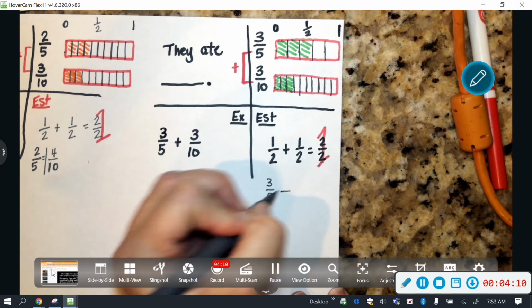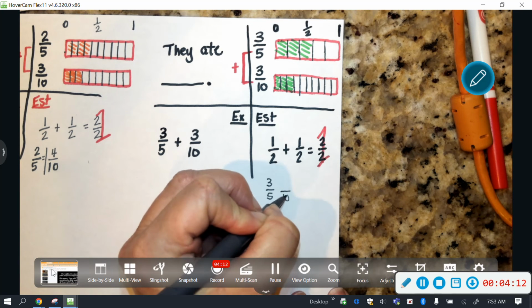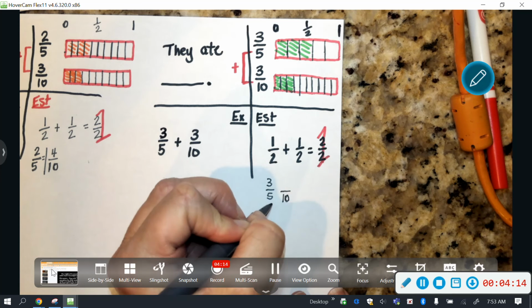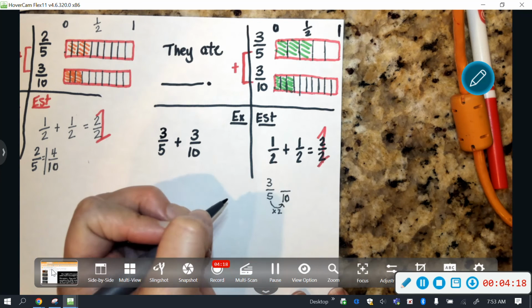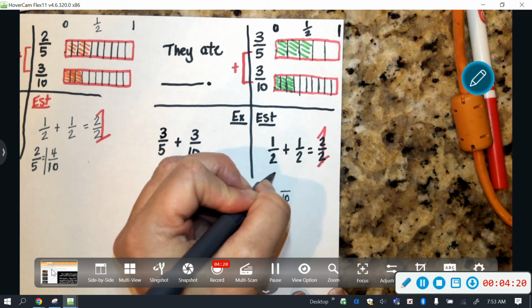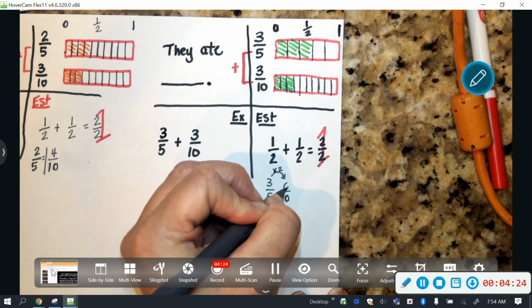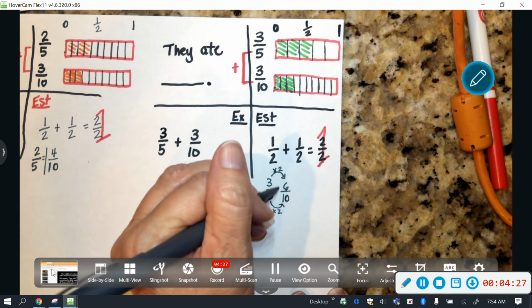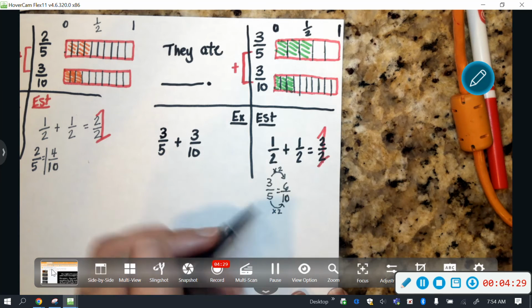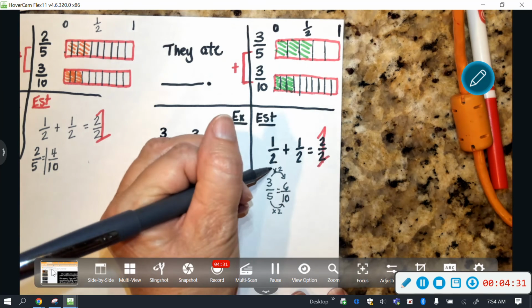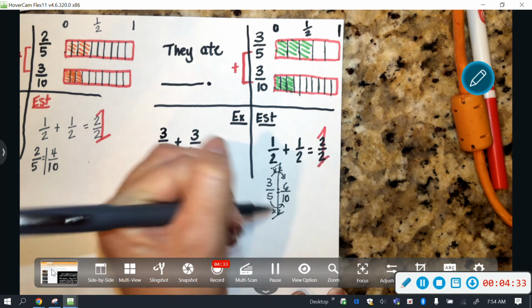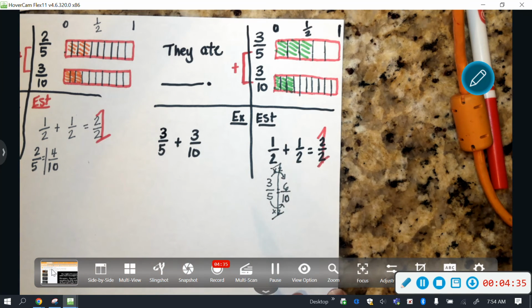And so if I count by 5s, can I get to 10? And yes, I can. So if I can count by 5s and get to 10 by multiplying by 2, I can do the same on the top and get the numerator 6. So 6/10 is an equivalent fraction to 3/5. And there's my wonderful number 1 in the form of 2 halves.